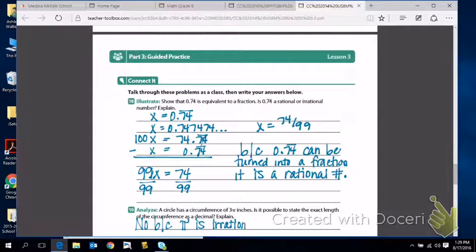And it's still irrational even if you multiply it by 3. Which means you can't get the exact length, you could only get an estimate.